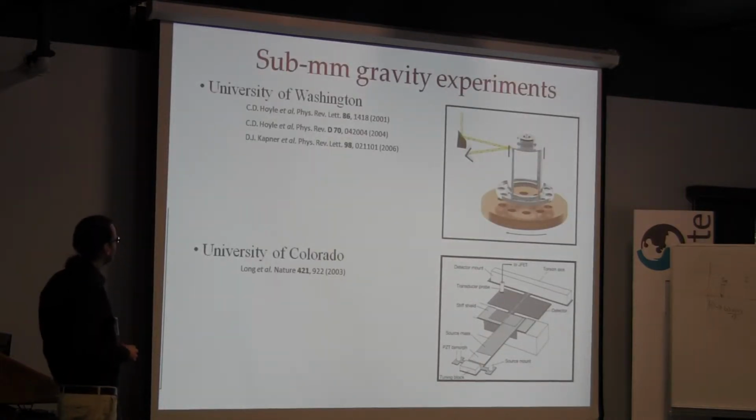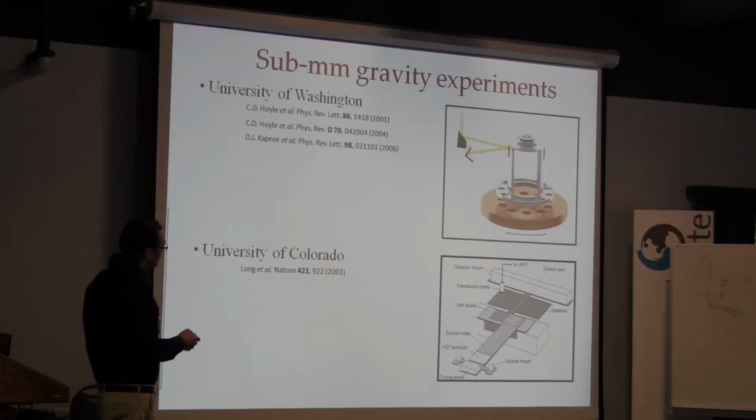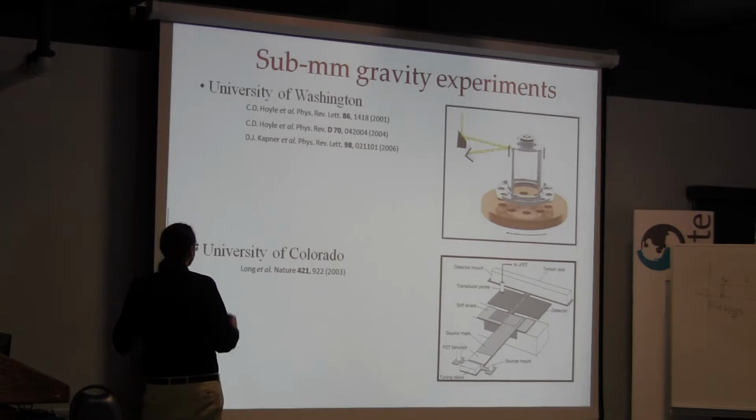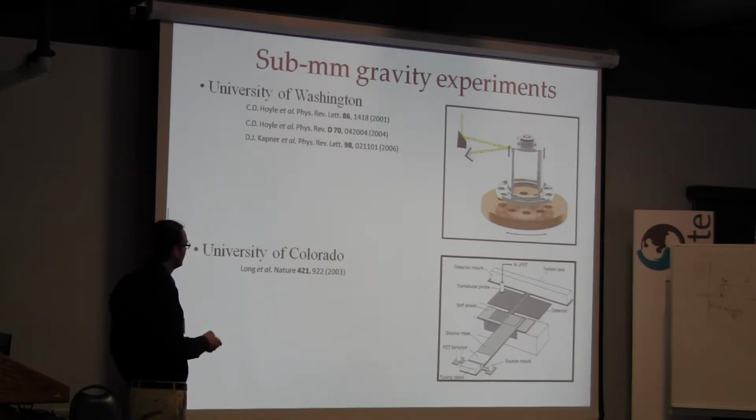At larger length scales, there were several experiments at the University of Washington, where they use a torsion pendulum that has a set of holes cut into it, and they take another attractor mass with a matching pattern of holes, and they spin it, and then they look at the torque exerted on this plate. From that, they can make measurements at kind of 100 micron or 50 micron length scales.